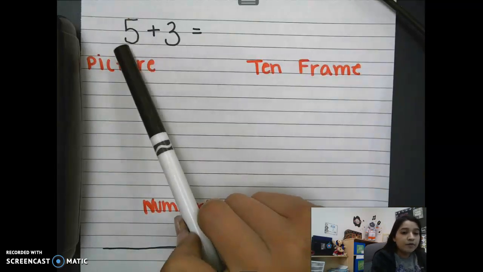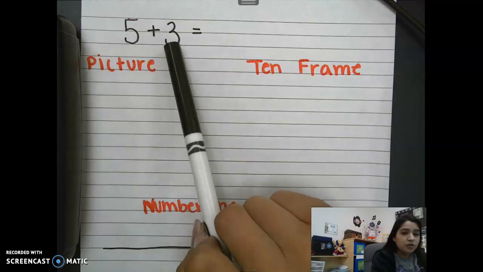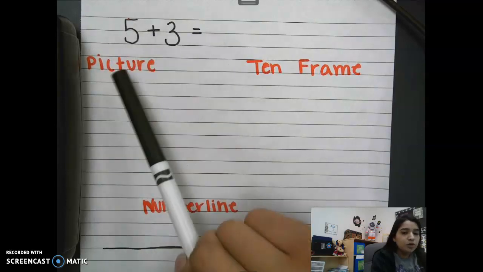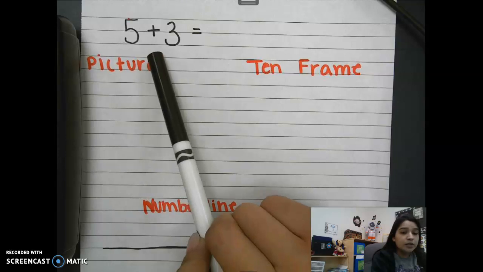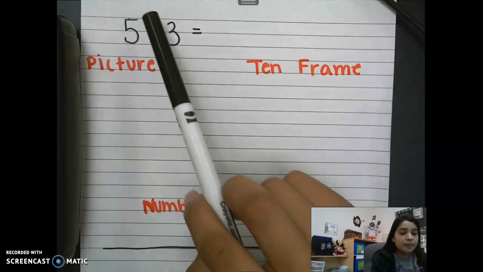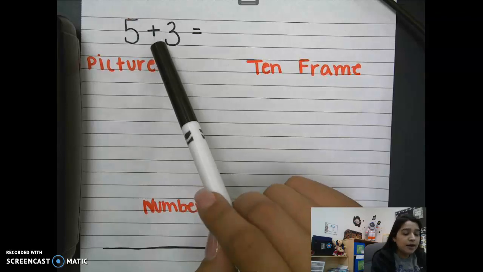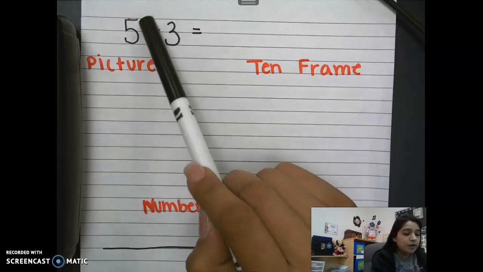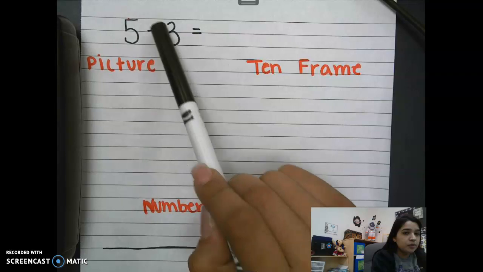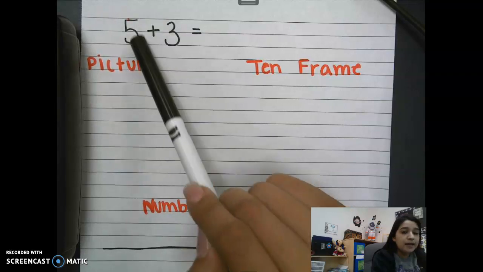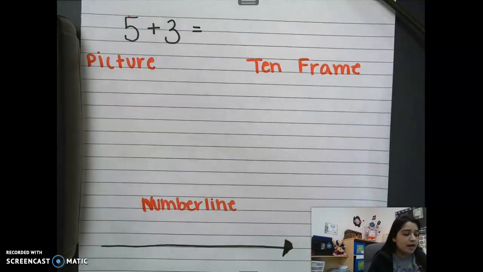We have 5 plus 3 equals. What are we doing in this equation? We are adding, joining, yes. And how do we know that? Because of our addition symbol, this little plus sign right here, that lets us know that we will be adding.